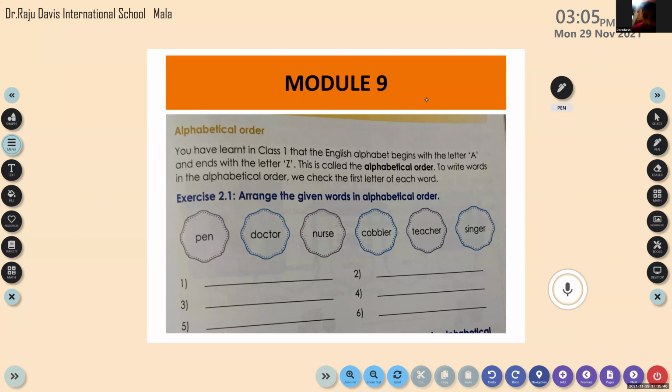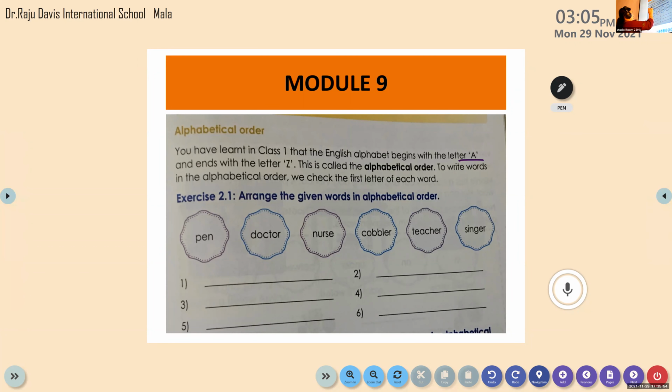The first letter being A and the last letter being Z. All the 26 letters of the English alphabet, beginning with the letter A and ending with the letter Z, all of these 26 letters taken together are called the alphabet. Each one is called a letter.